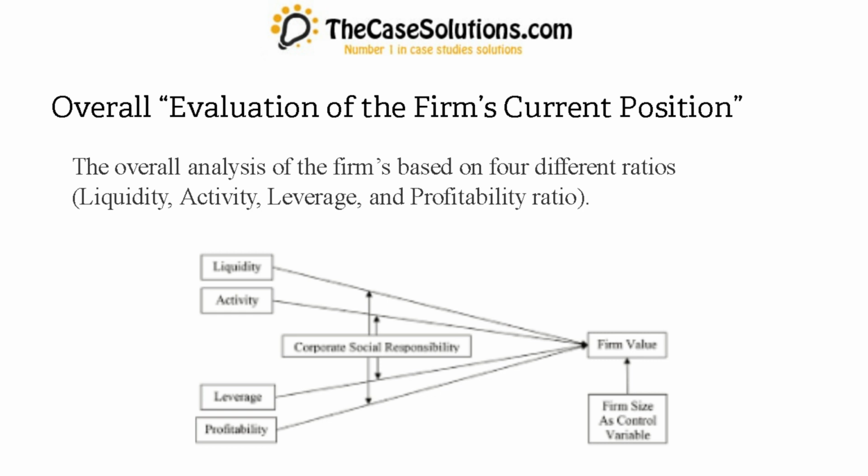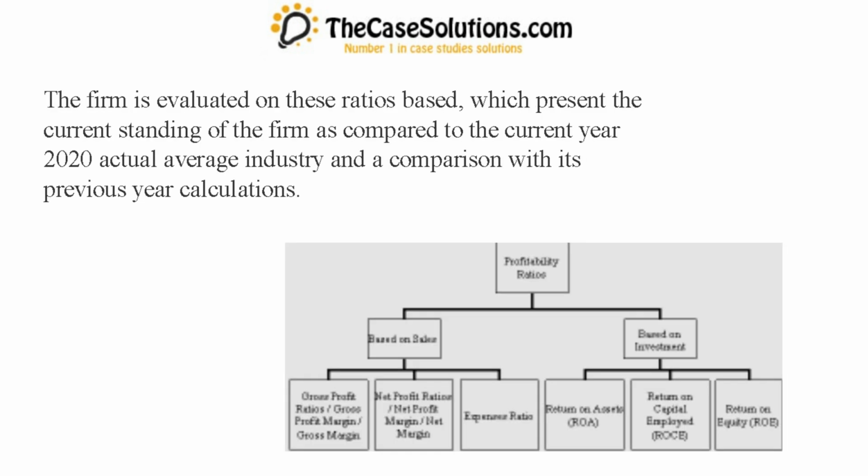Overall evaluation of the firm's current position. The overall analysis of the firm is based on 4 different ratios: liquidity, activity, leverage, and profitability ratio. The firm is evaluated on these ratios, which present the current standing of the firm as compared to the current year 2020 actual average industry and a comparison with its previous year calculations.